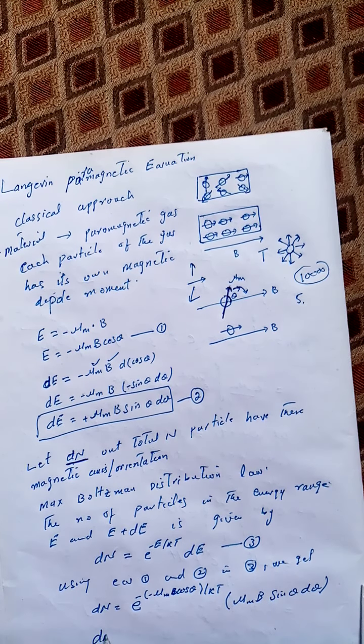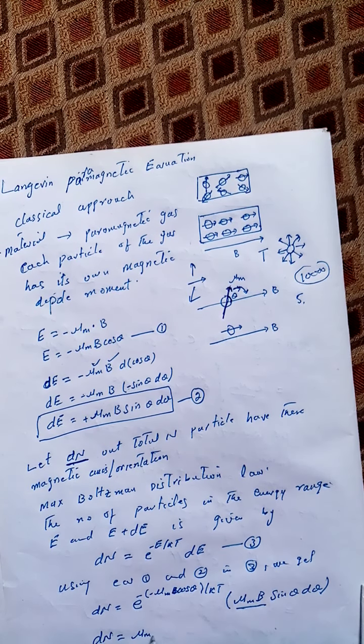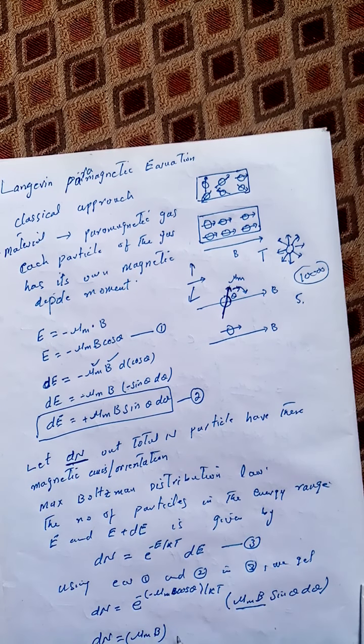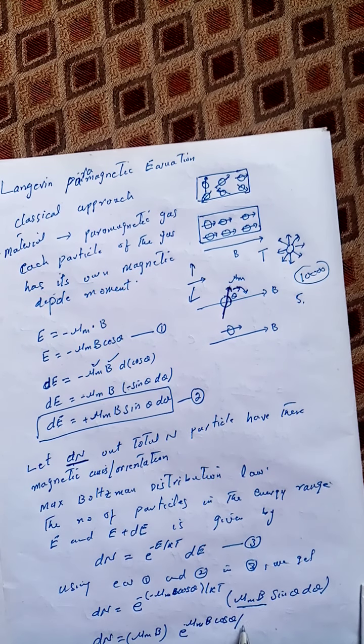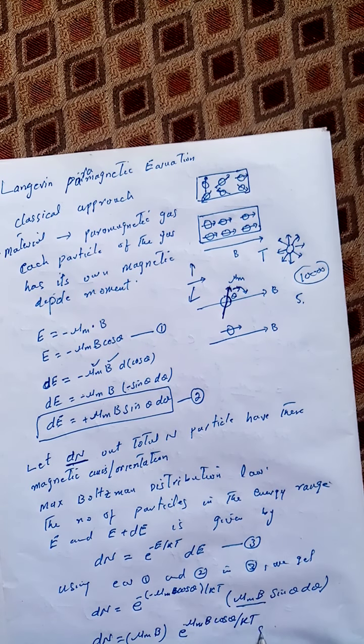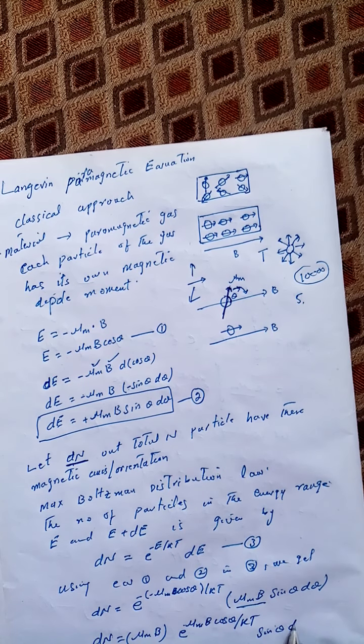This equation can be written as dN equals, I will take this quantity outside, mu m B, and then we have e raised to the power mu m B cos theta over kT, and we have sine theta d theta.